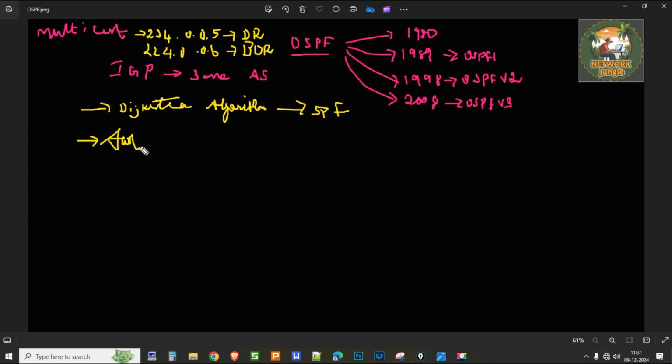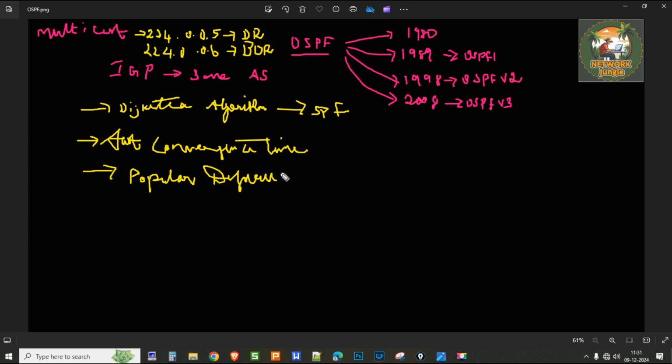If a new topology is added, it takes less time to advertise the routing information to neighbor routers within the topology. That's why it has faster convergence times, and it is a popular dynamic routing protocol. Mainly it is used for large area networks.